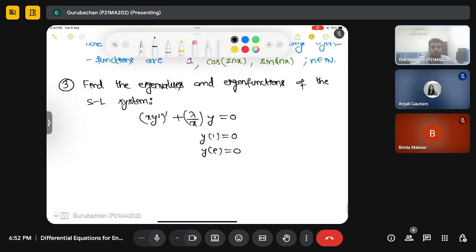So we have been given this system and we have to find its eigenvalues and eigenfunctions.